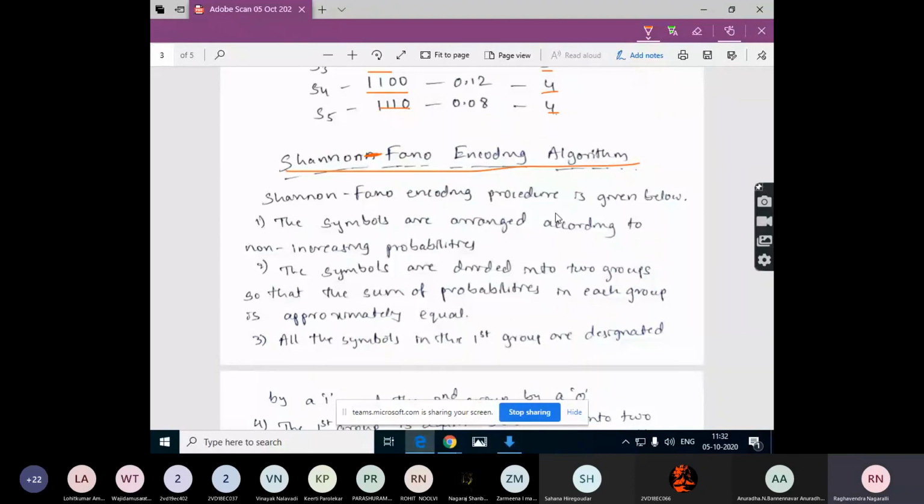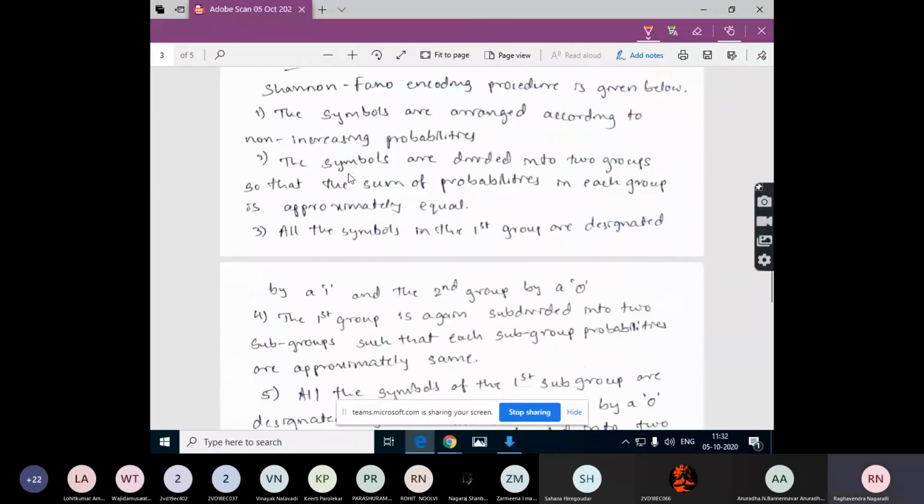So the Shannon-Fano encoding procedure is given by these steps. Note down these steps in your notebook, because I'm not going to show them again while discussing the problem. The first step: the symbols are rearranged according to non-increasing probabilities, that is, in decreasing order.